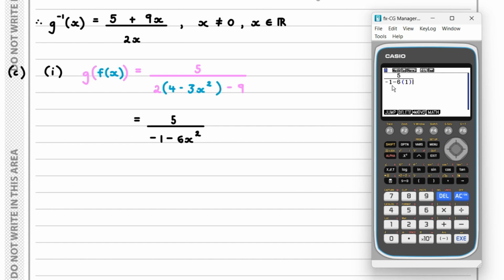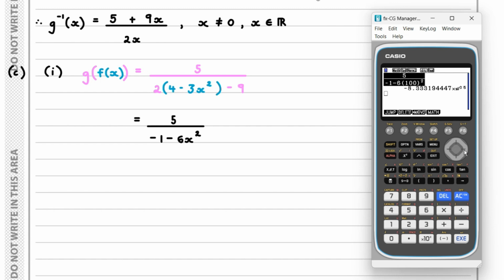So we have 5 over negative 1 subtract 6 multiplied by 1 squared. What do we end up with? We would end up with negative 0.7, etc. Let's see what would happen if I have something much larger, such as 100. In this case, we'd get something even smaller.